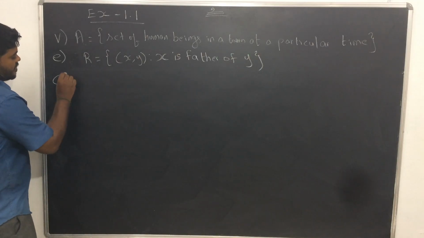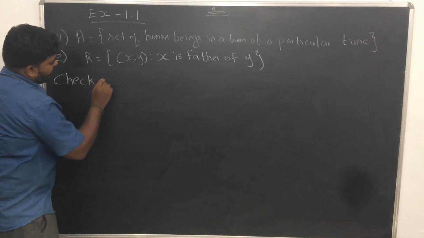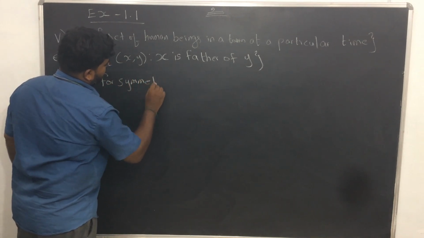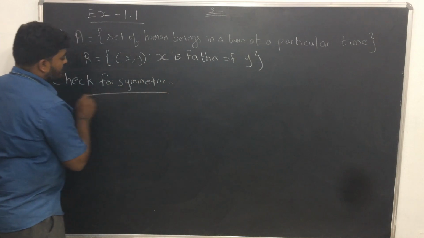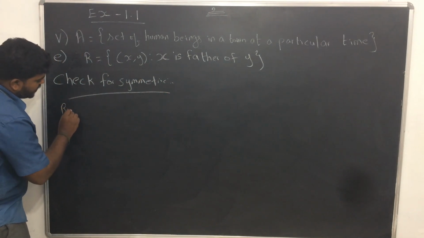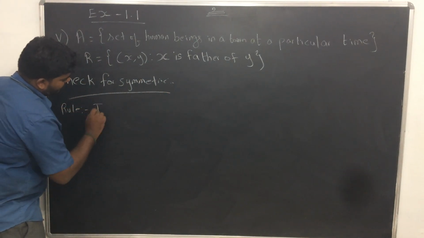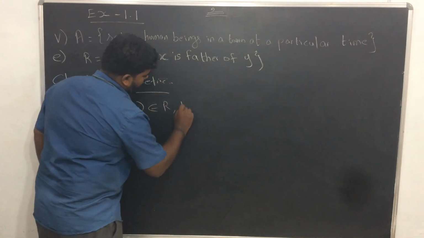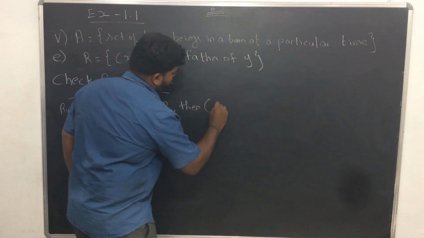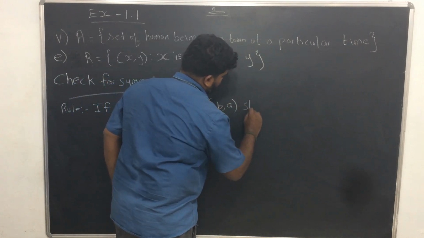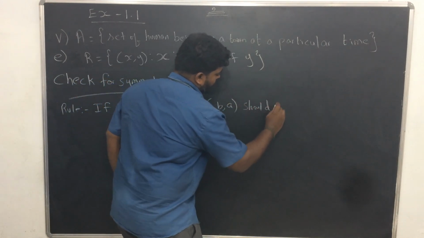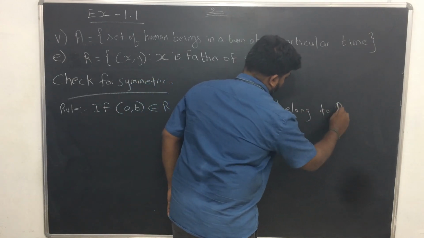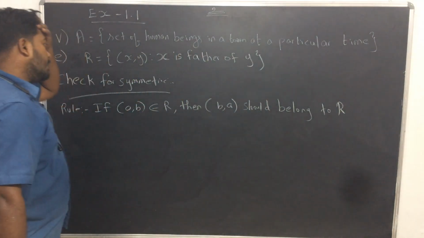Now, let's check for symmetry. We are done with reflexive, we will move on to symmetry. So, for a relation to be symmetric, what is the rule? The rule is, you know very well, if (a, b) belongs to R, then (b, a) should belong to R. So, this is the rule for any relation to be symmetric.